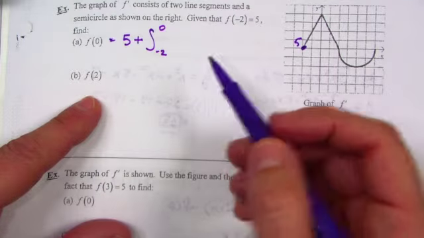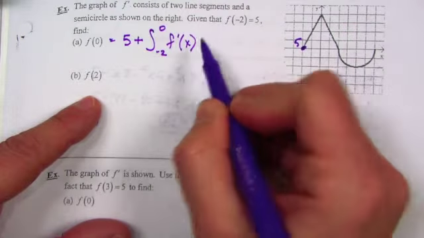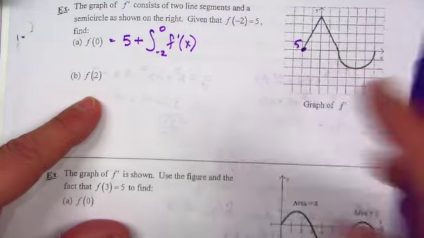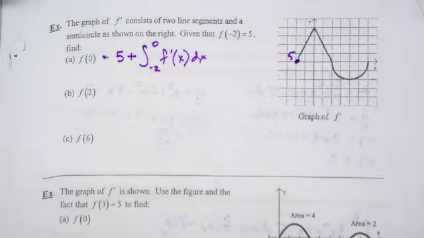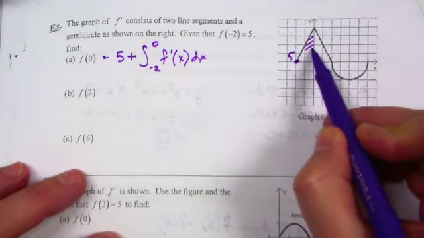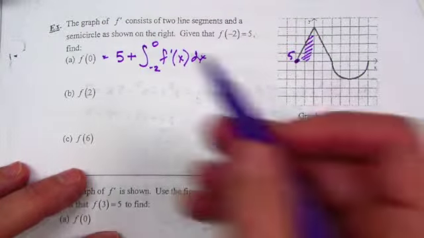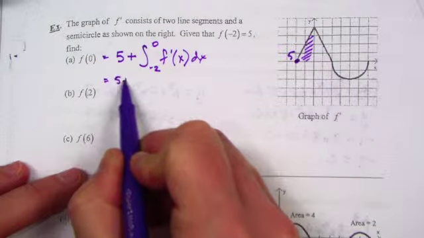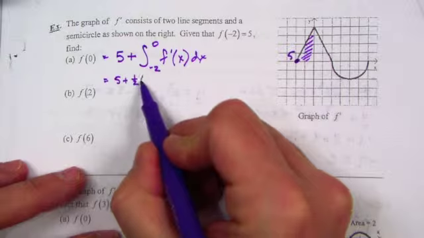Yes, very good. The integral from negative 2 to 0 of f prime of x, because this is f prime. So it's important to remember what this really represents, because now I know that I just need the area of that triangle. So it's 5 plus 1/2. What's the base? 2.